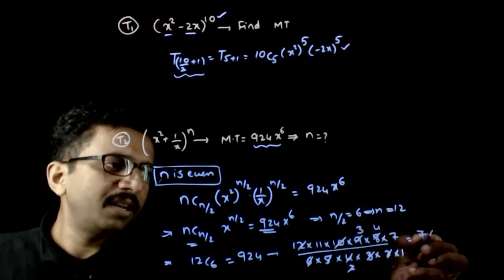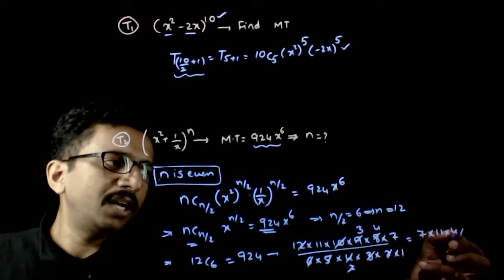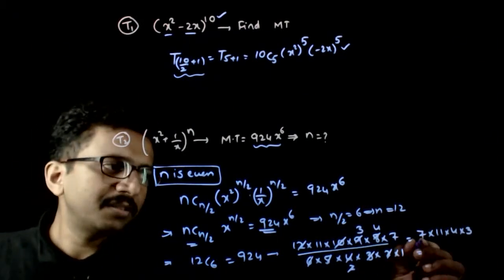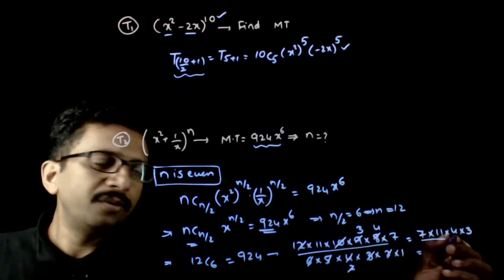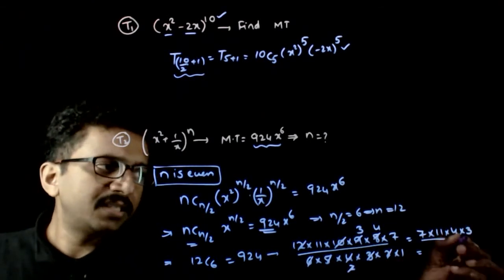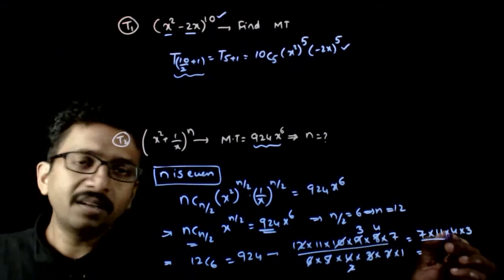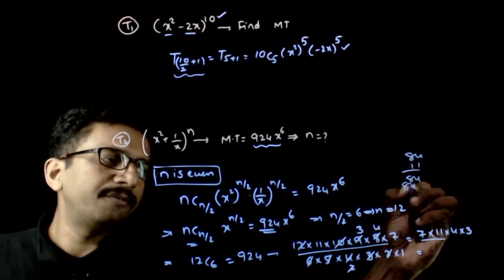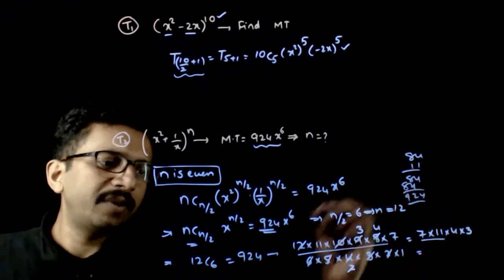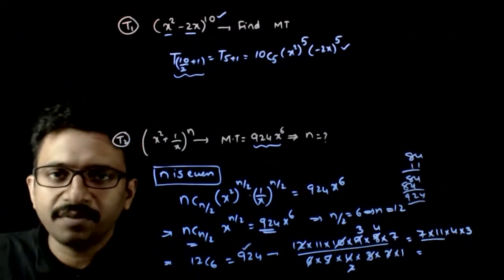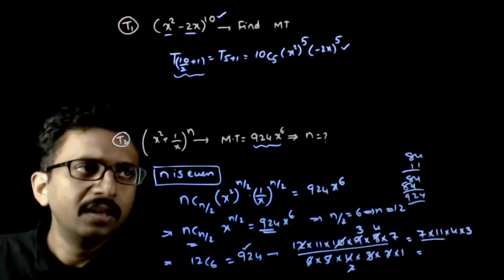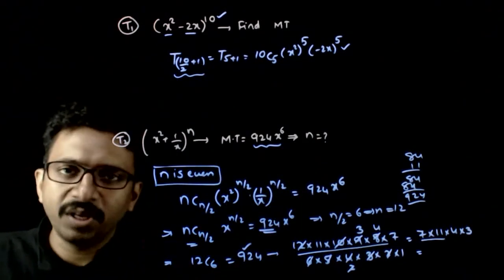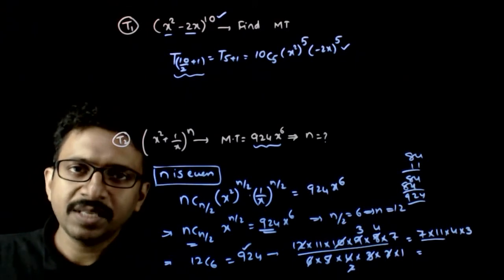That is equal to 7 × 11 × 4 × 3. Just multiply this. 7 × 4 × 3 is 84, and 84 × 11 gives 924. So 12C6 is 924, which is matching. So if the middle term of this expansion is 924 x^6, n has to be equal to 12. That is the answer to this question.